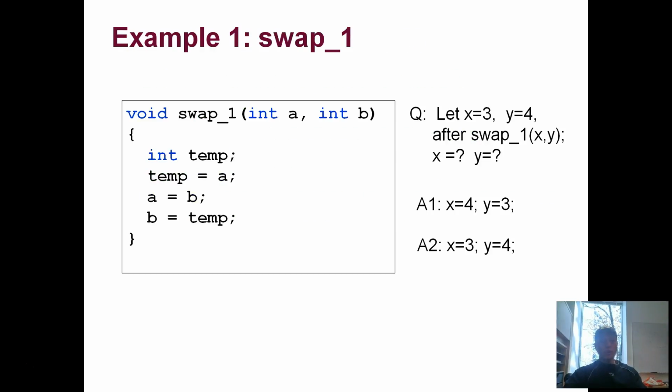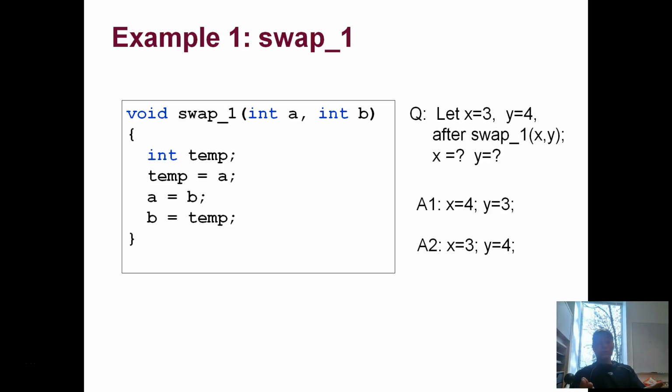So here's an example of a callee, a function called swap1 that takes 2 integer parameters, and it declares a local variable temp, sets temp to one of the parameters, a, sets that parameter to the other parameter b, and then sets b back to the initial parameter.